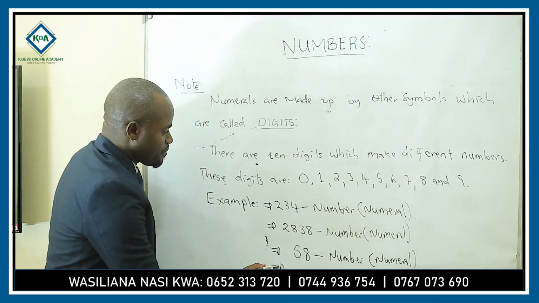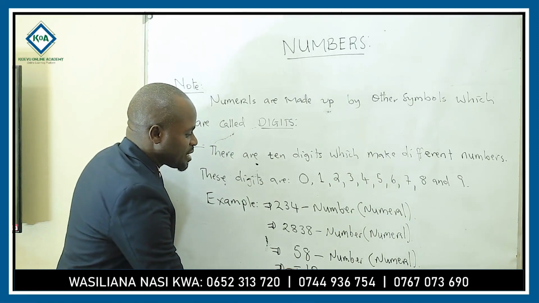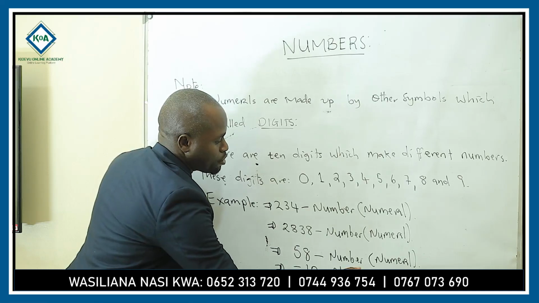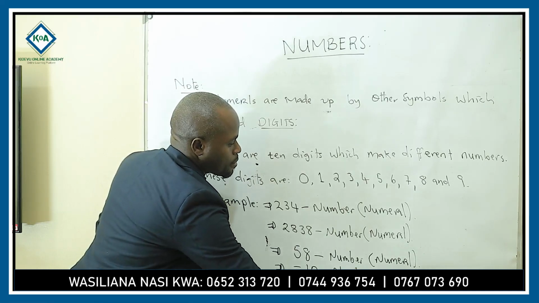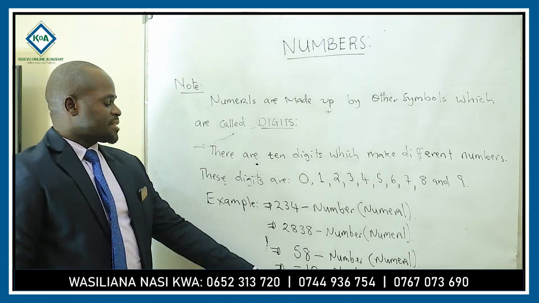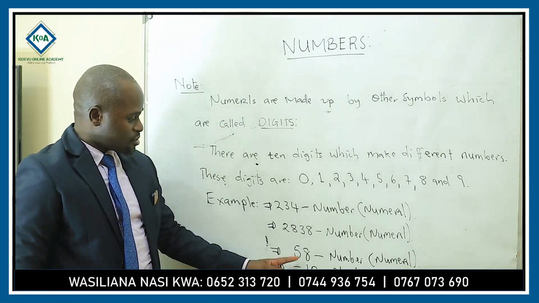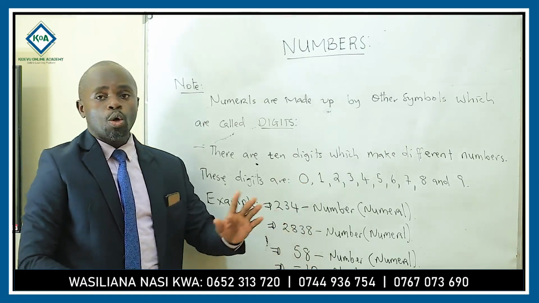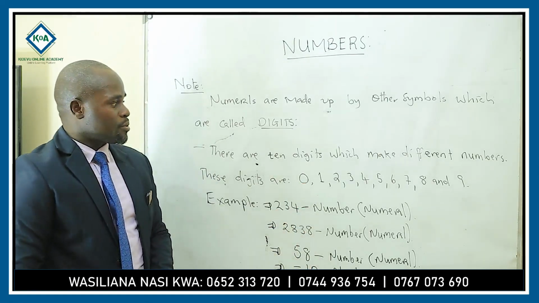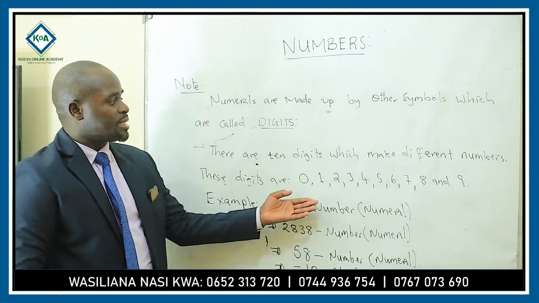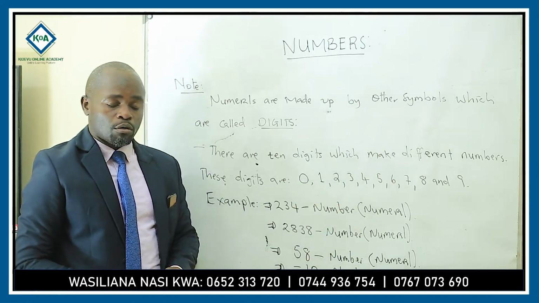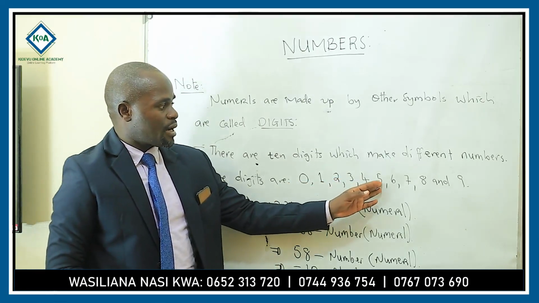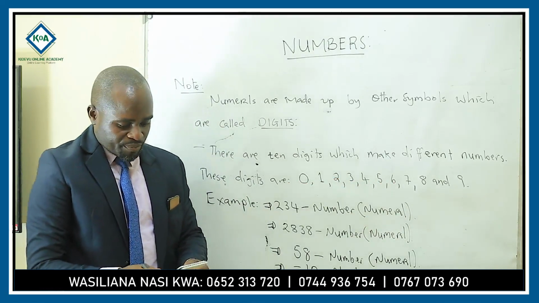Or if you write maybe negative 10, this is a number or numeral. And in negative 10, we have 2 digits, whereby the first one is 1 and the second one is 0. So all numbers which you know are made up with small symbols which are called the digits. And we have about 10 digits: 0, 1, 2, 3, 4, 5, 6, 7, 8, and 9.